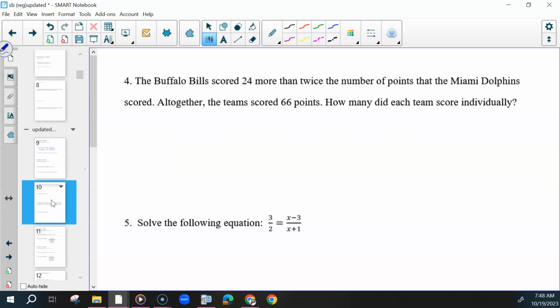Number 4, this is similar to a test question like this, and some ones we did in the review like this. So the Buffalo Bills scored 24 more than twice the number of points which the Miami Dolphins scored. Altogether, the teams scored 66 points. How many did each team score? So we need 2 variables. Let's call this B and M for number of points.